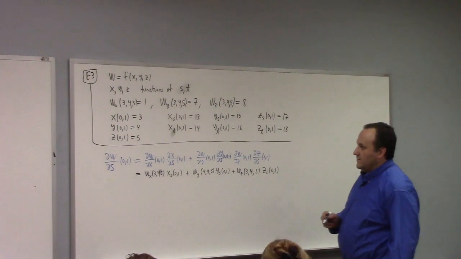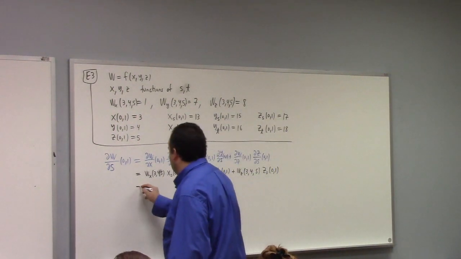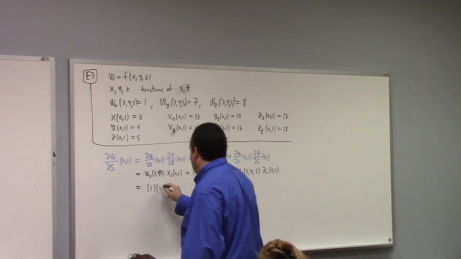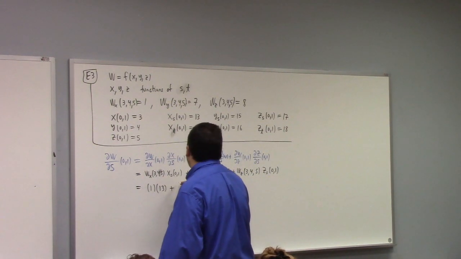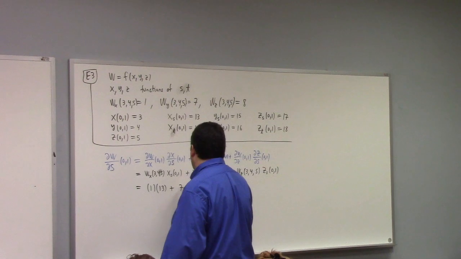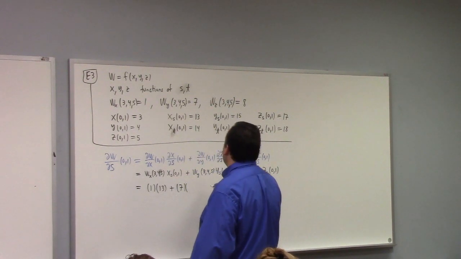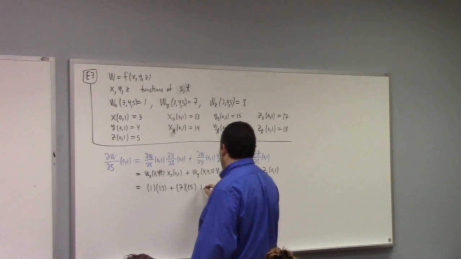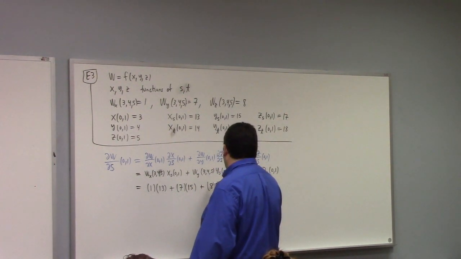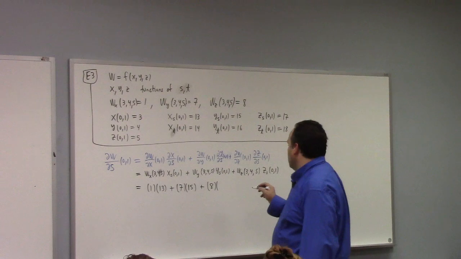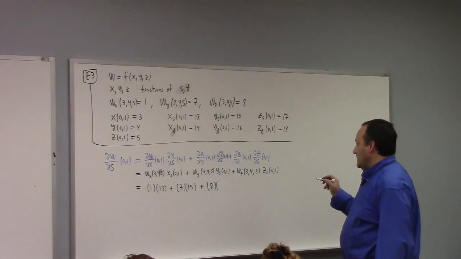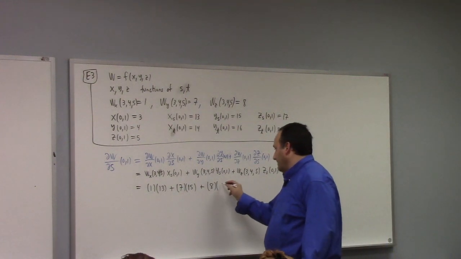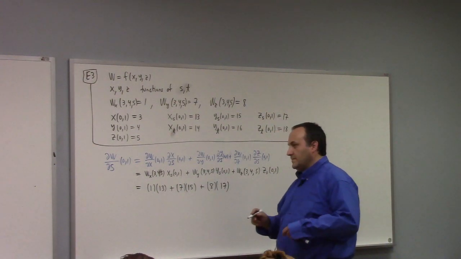And then we just put in the data we were given. So we got 1, x sub s was 13, w sub y was 7, y sub s was 15, w sub z was 8, and z sub s was 17. All right?